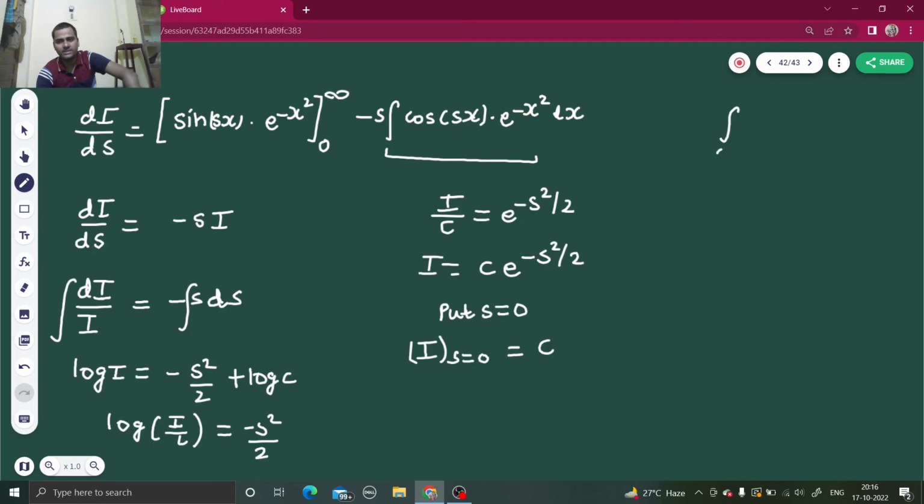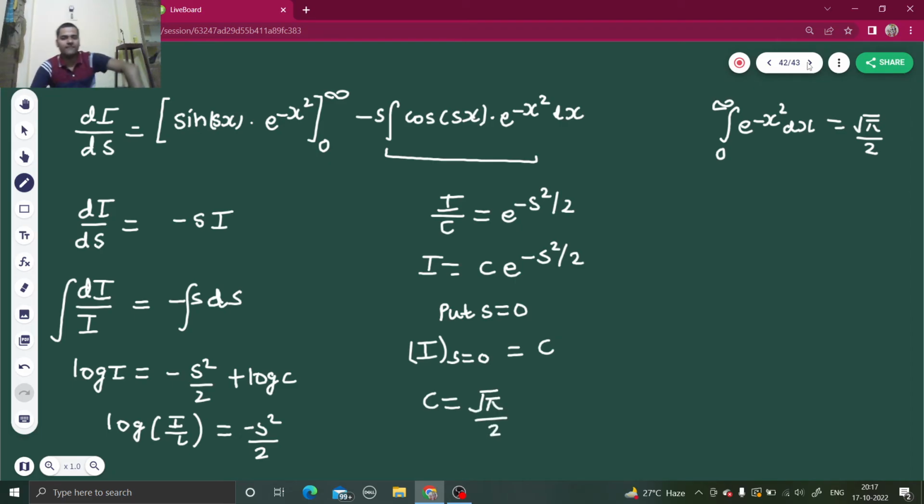So I know 0 to infinity e power minus x square is straight away a standard integral, which gives me root pi by 2. So LHS you are getting root pi by 2, and that is equal to c. So that means c is root pi by 2.